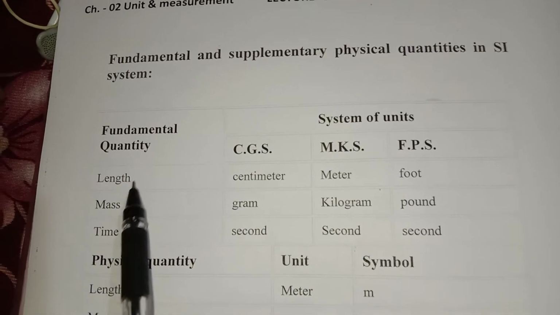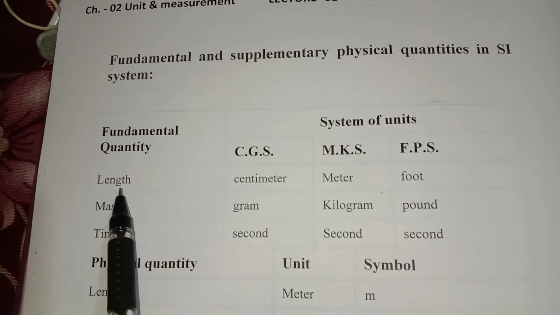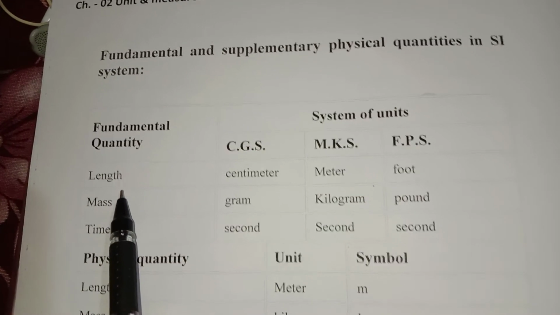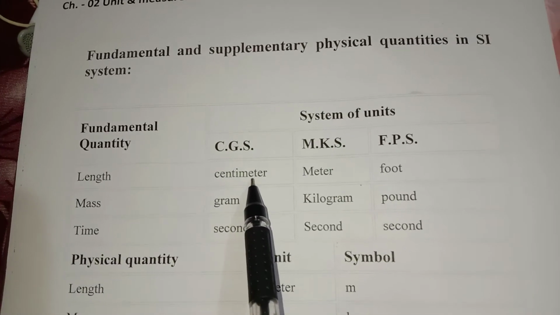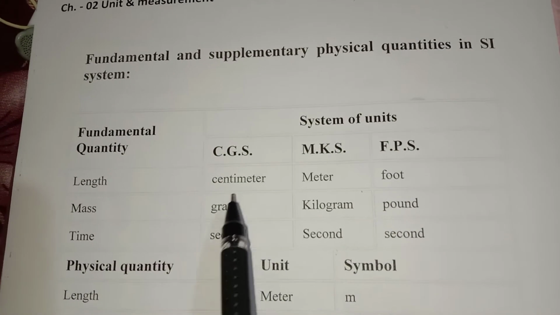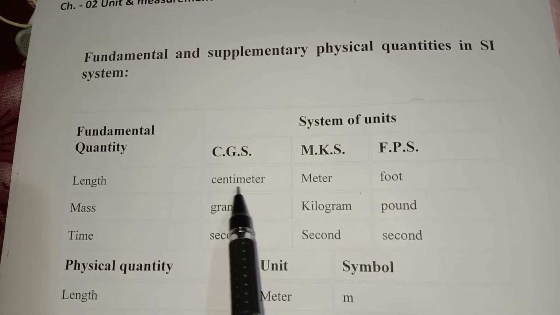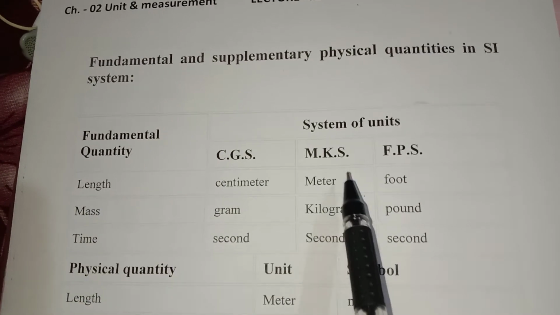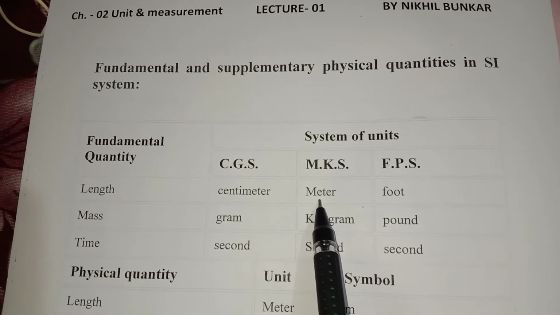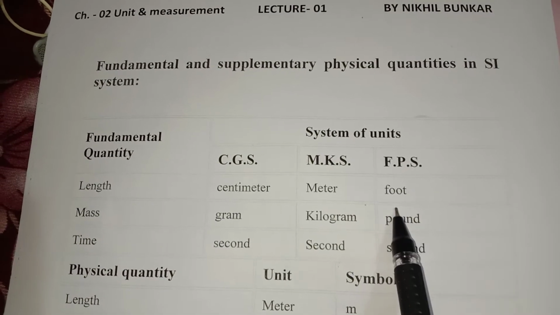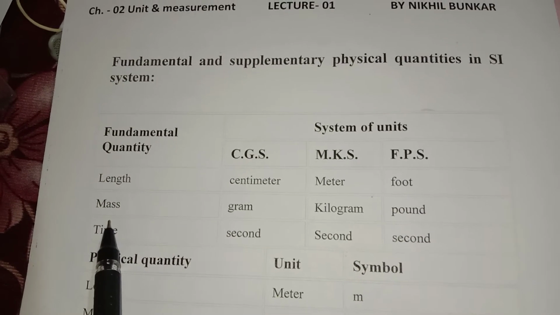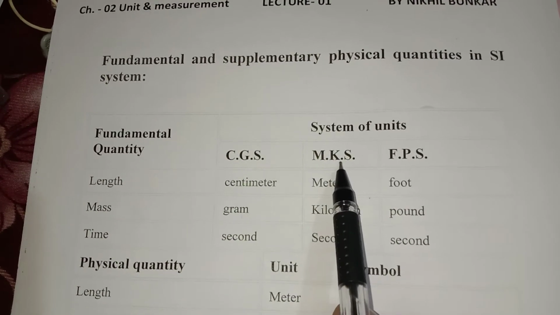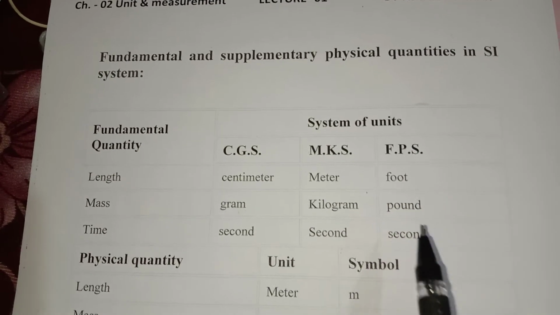If we want to measure the length in the CGS system, then the length of any object will be measured in centimeter. अगर हम लेंथ को CGS सिस्टम ऑफ यूनिट में मेजर करना चाहते हैं तो लेंथ को हम सेंटीमीटर में मेजर करेंगे, एज हियर बाय नेम C फॉर सेंटीमीटर. और अगर हम लेंथ को MKS सिस्टम में मेजर करना चाहते हैं तो उसे हम मीटर कहते हैं. एंड लेंथ को अगर हम FPS में बात करें तो फुट कहते हैं. अगर हम बात करें मास की, द्रव्यमान जिसको कहते हैं, तो मास को हम CGS सिस्टम में ग्राम, G फॉर ग्राम, इन MKS सिस्टम किलोग्राम and in FPS system it is represented by pound.